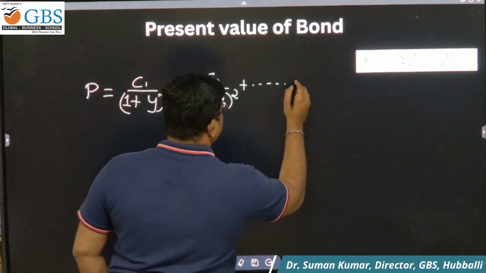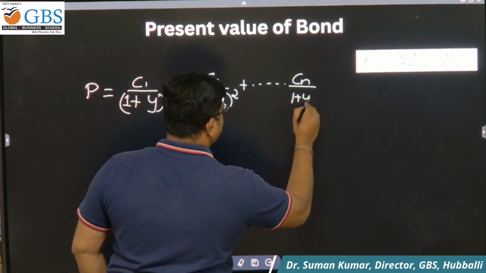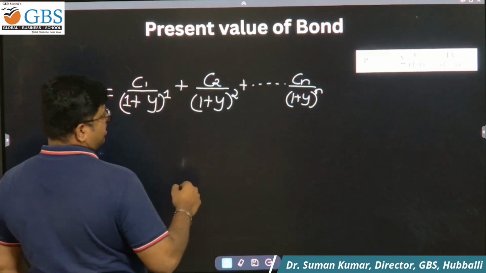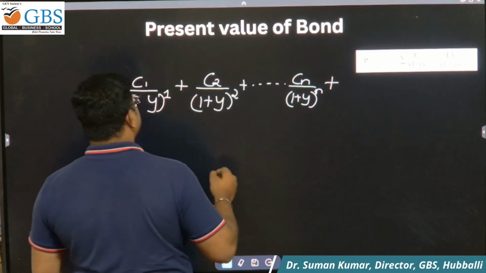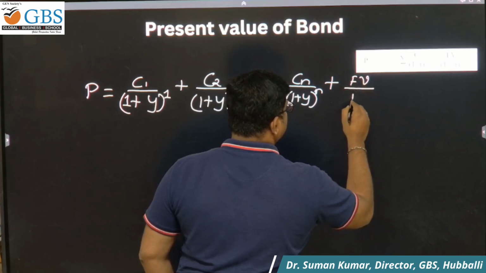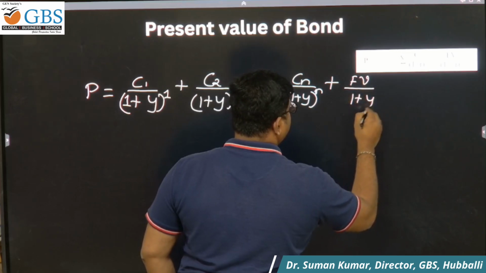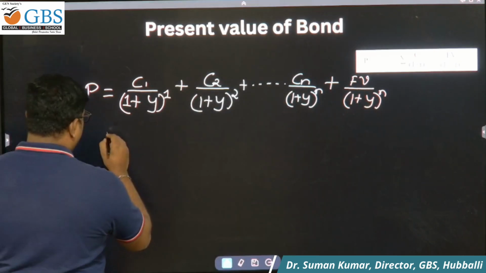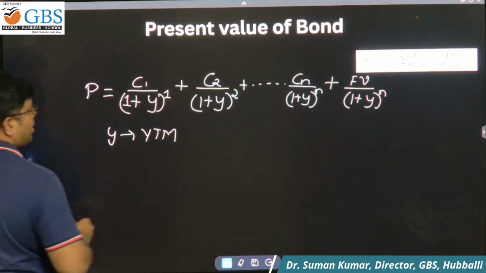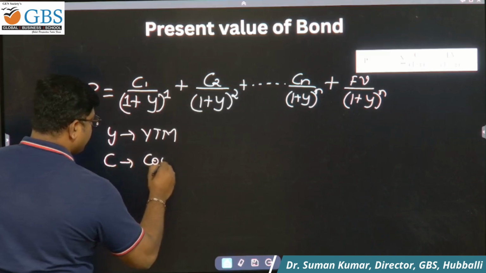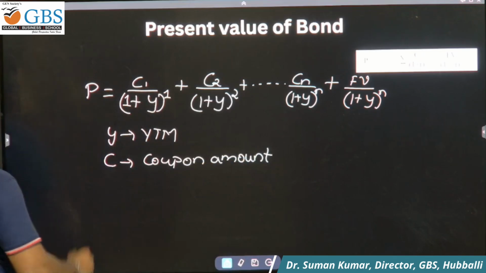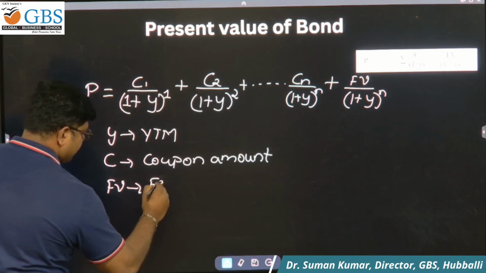Then the last one, Cn by (1 plus y) raised to n for the nth year, plus the face value by (1 plus y) raised to n, where y is YTM, yield to maturity, C is the coupon amount, and FV stands for face value.